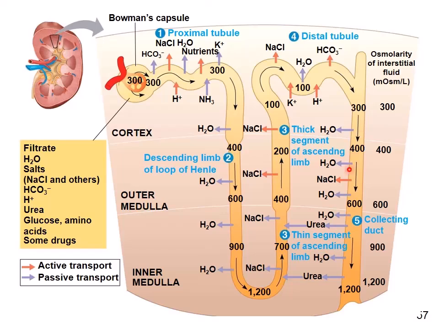The collecting duct is important for the final concentration of the filtrate into urine, and then the proximal and distal tubules are important for reabsorption of some nutrients, and then also secretion of certain items as well.